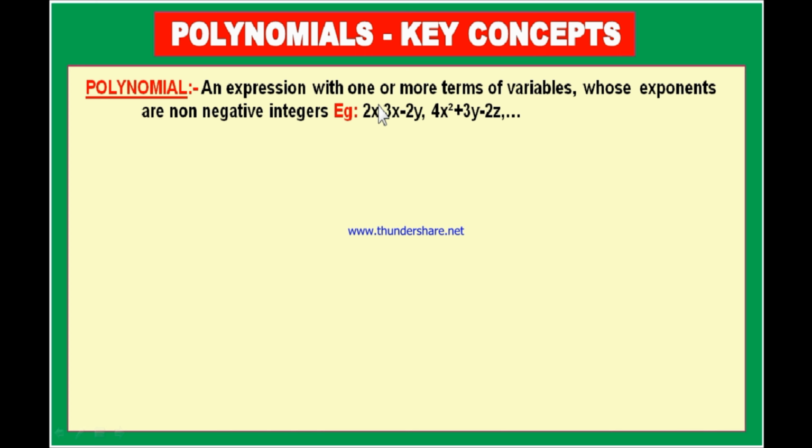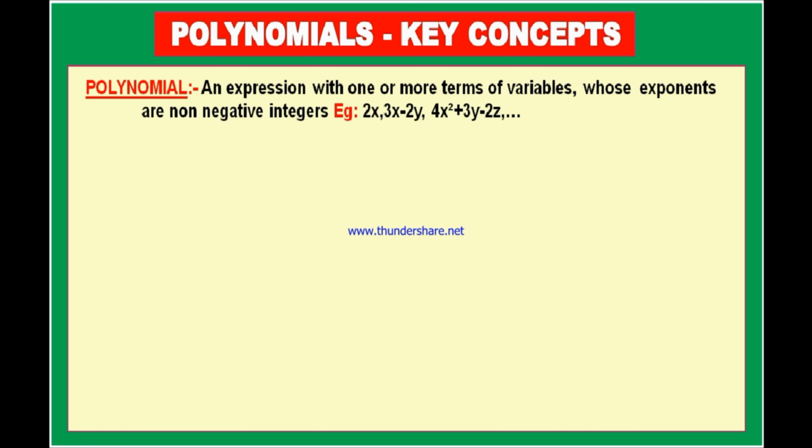If the exponent of the variable is a negative integer, then it is not a polynomial. For example, 2x power minus 1. How can you write 2x power minus 1? 2x power minus 1 is nothing but 2 by x. 3x power minus 2 means 3 by x square.